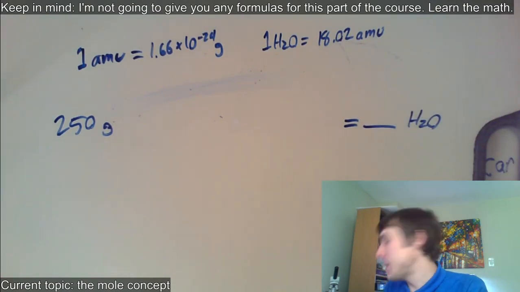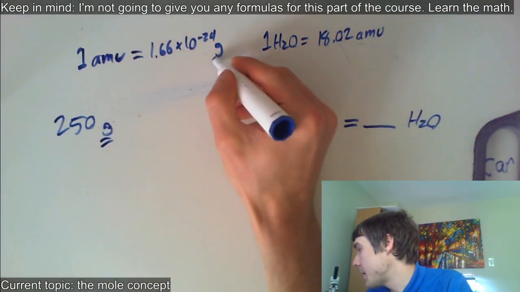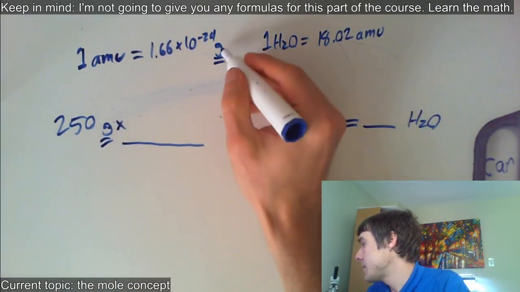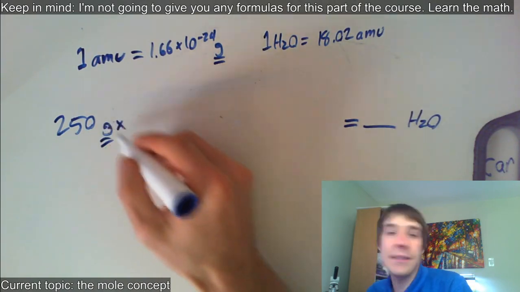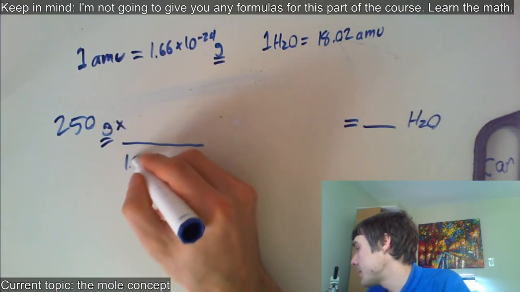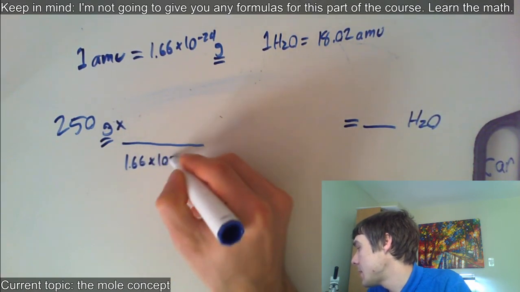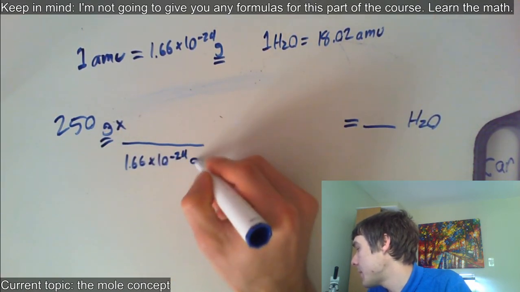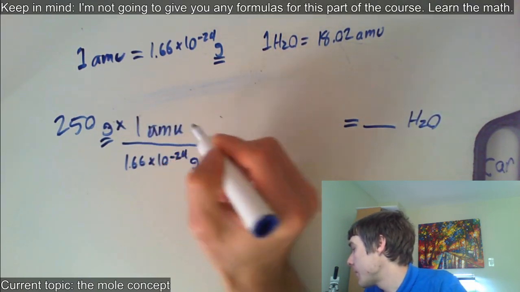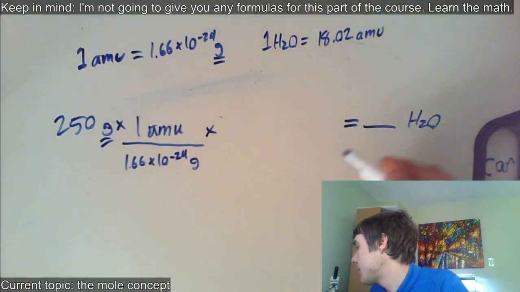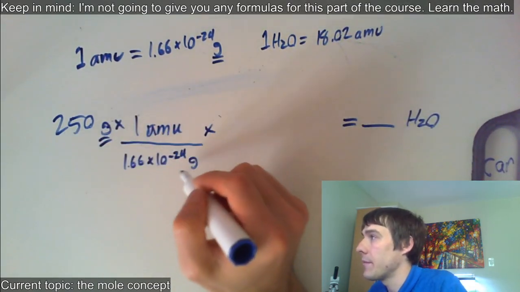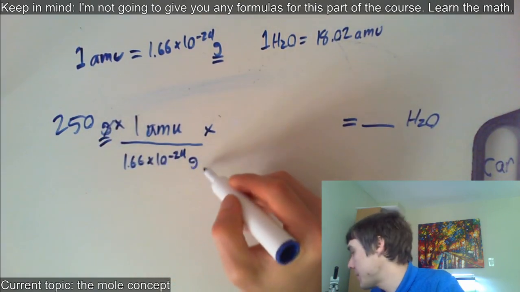So we start with grams. To convert it, I want my grams on the bottom because I'm going to cancel it on my way over to how much H2O I have. So that puts my 1.66 times 10 to the negative 24 on the bottom, and it's going to cancel out to 1 AMU. I'm going to cancel my grams.